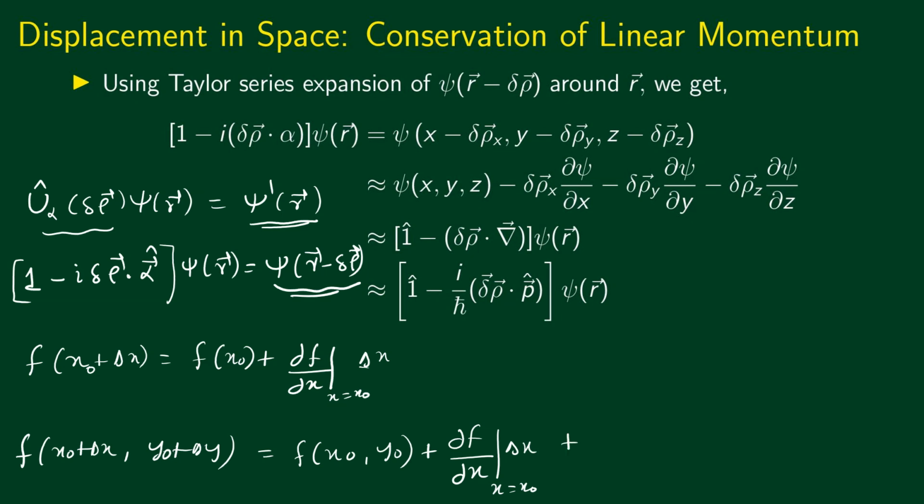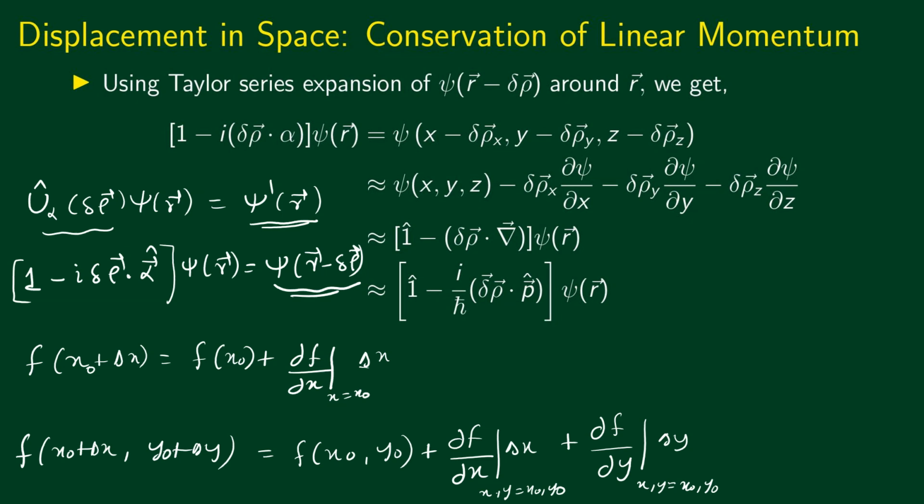There's of course one more first order term, which is the partial derivative of the function with respect to y, evaluated at x comma y equal to x0 comma y0, multiplying delta y. So there are two first order terms here. Now it's easy to generalize it to the case of three variables. In the case of three variables, there would be three first order terms of this form.